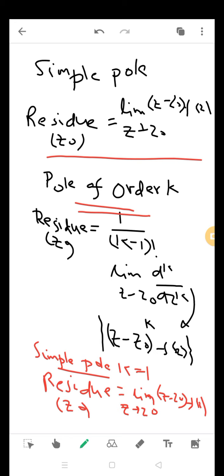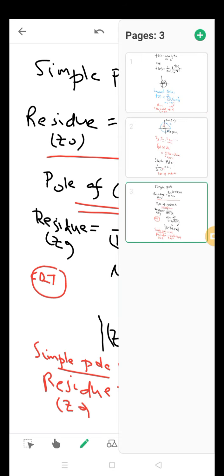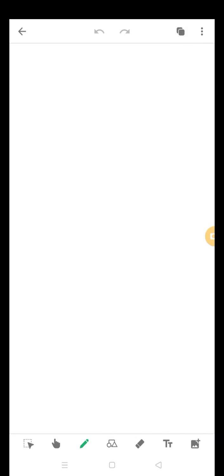Now this residue theorem, Cauchy's residue theorem, we will call it CRT. This Cauchy residue theorem is used to compute integrals. We will see how. We'll take an example. Suppose you have been asked to compute this integral from minus infinity to infinity of 1 by (1 plus x square) dx.